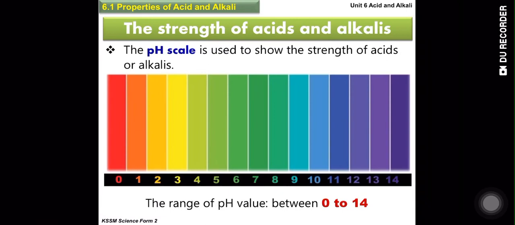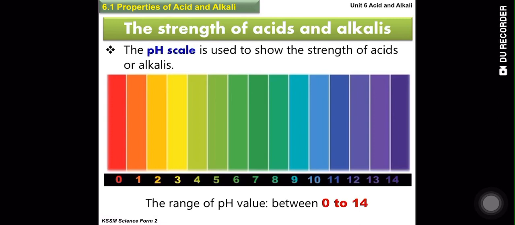The pH scale will have the same color indication like the universal indicator. So 7 indicates neutral. As the color slowly changes to yellow, orange, and red, it shows its acidic level increases. And from pH 7, the color slowly changes to blue, purple, and dark purple. It shows it's actually alkaline. This is how we'll know the strength of the acid and the alkali.